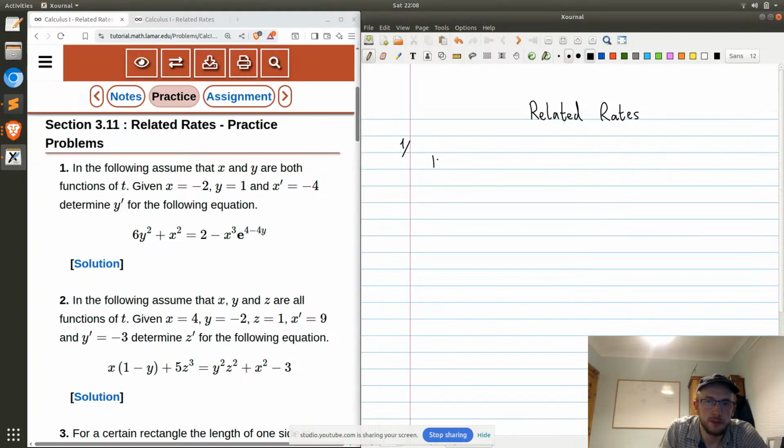So 12y y prime plus 2x x prime equals, the constant will disappear, and then we have a product. So differentiate the first function. So -3x squared x prime times e to the 4 minus 4y.